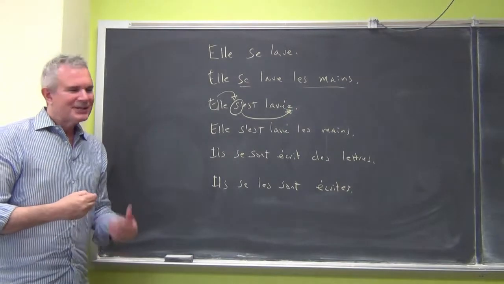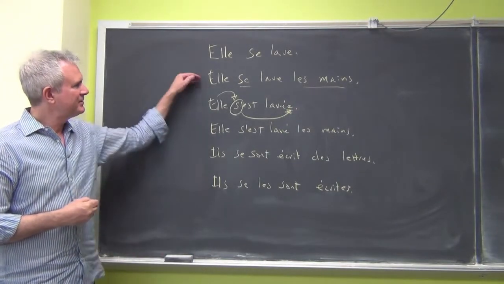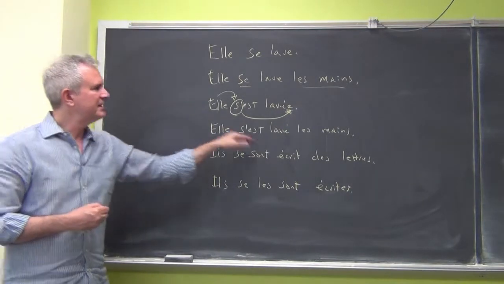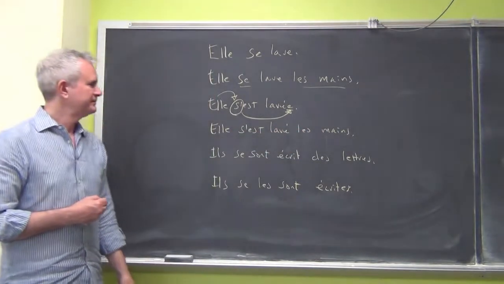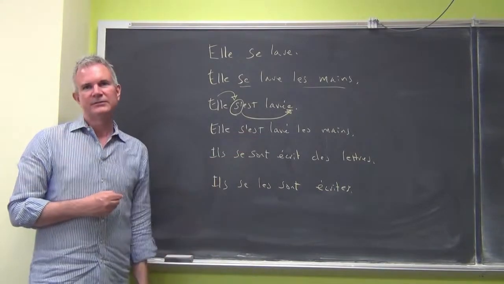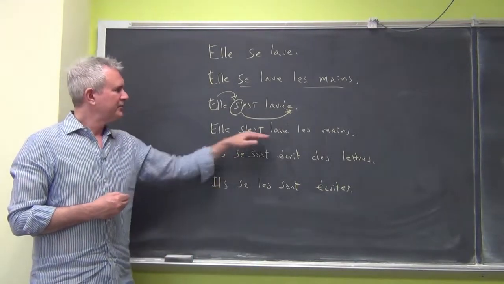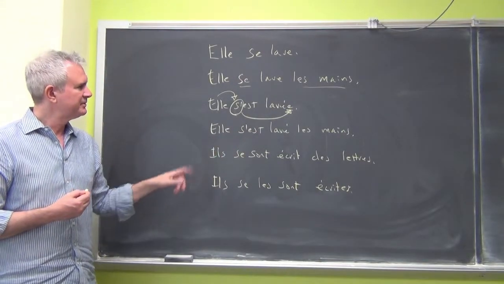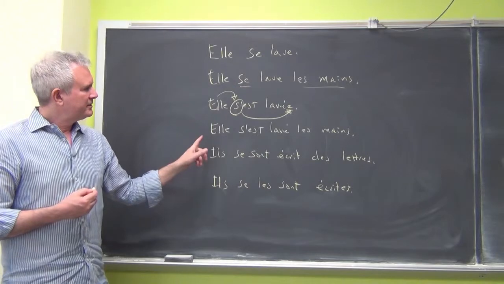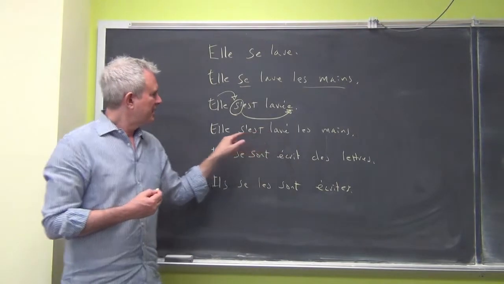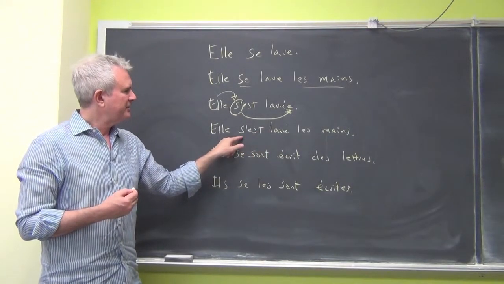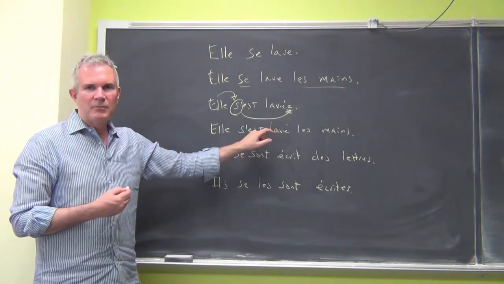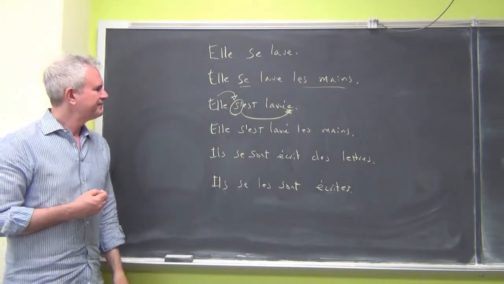Now we're going to get a slightly different example. We're going to put this sentence into the past indefinite. Elle s'est lavé les mains. She washed her hands. We've got the auxiliary verb être for the past indefinite, because that's what we use with reflexive verbs. And we've got the reflexive pronoun in front of the verb, but we notice we don't have any agreement.